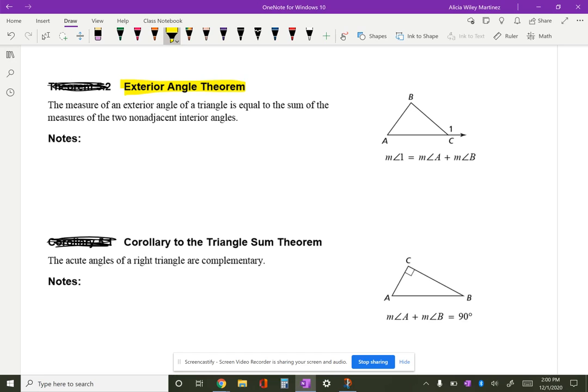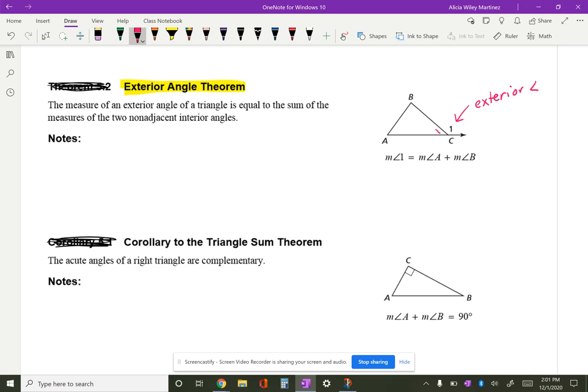An exterior angle theorem states that the measure of an exterior angle is going to be equal to the sum of the measures of the 2 non-adjacent interior angles. So if we have the measure of angle 1, this is your exterior angle. Okay, non-adjacent means that it's the angles that are not next to that angle.